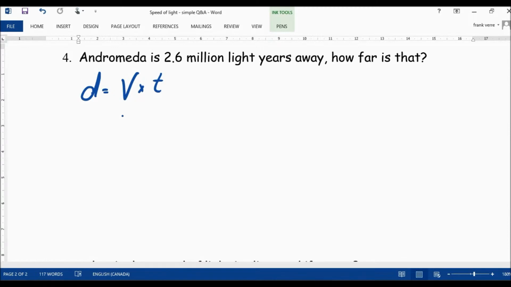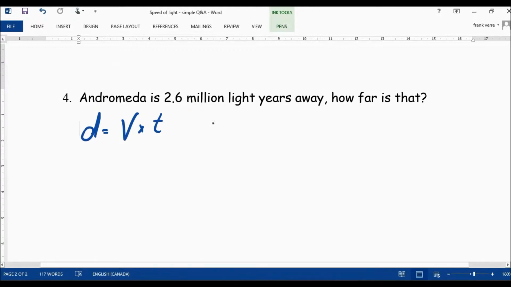Okay, next question is how far is Andromeda, our closest galaxy, which is 2.6 million light years away. Now, in this question, we already know what a light year is. 1 light year is equivalent to 9.5 times 10 to the 15 meters.